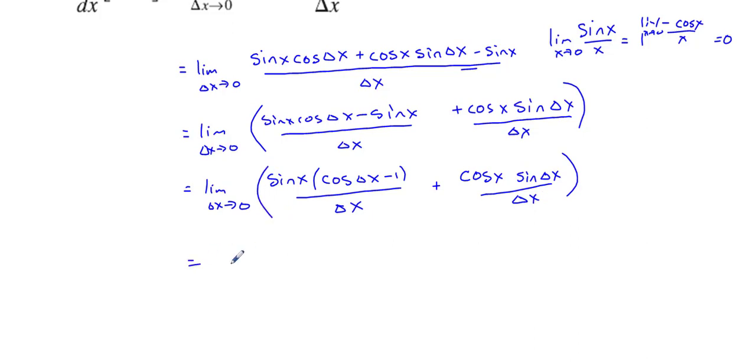Okay, well, here's the problem though. This is kind of backwards, right? It'd be nice if it was positive 1 and a negative cosine. Well, we can do that mathematically, right? We can switch it. How can we switch it? Yeah, factor out negative 1. So this is going to be negative sine of x times 1 minus cosine.